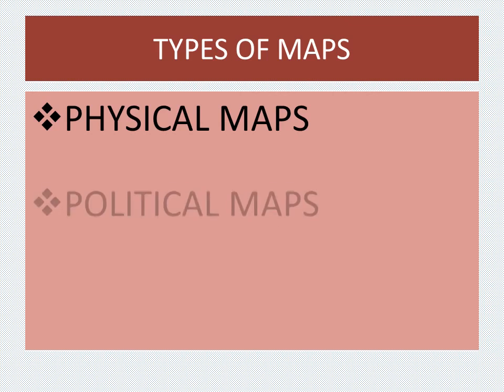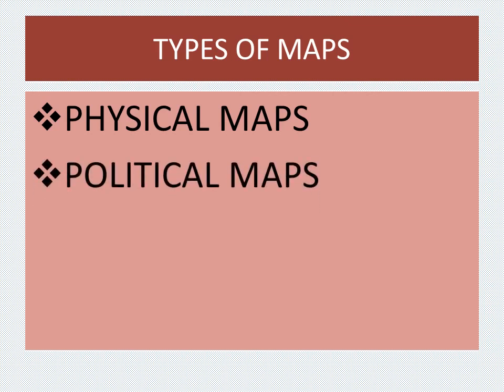Number 2 is political map. Now what is a political map? The map that shows the boundaries and places made by people and governments like countries, states, capitals, cities and other important places. Now in our country there are so many states. Now how you will find out a state? There is a definite boundary of a state and that boundary has been marked by the government itself.